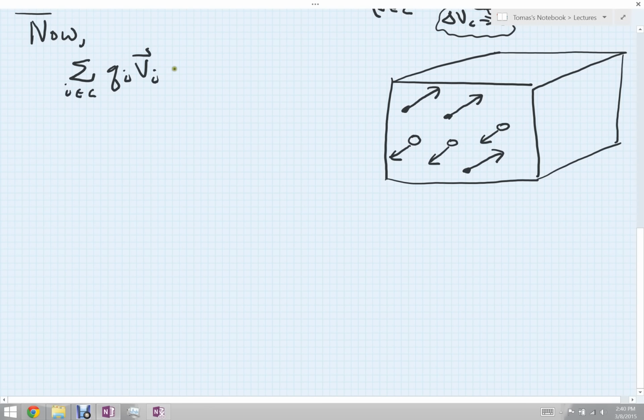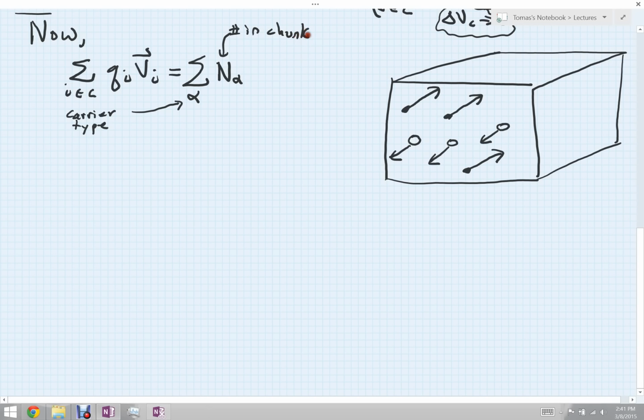So I'm going to need a sum then over what I will call alpha, where alpha here is labeling the different types of species, or if you're interested in materials, this is what would be called the carrier type. So I have different types of carriers in there. And for each carrier type inside of my chunk, there's going to be a certain number of them. I will call that capital N sub alpha, the total number in my chunk.